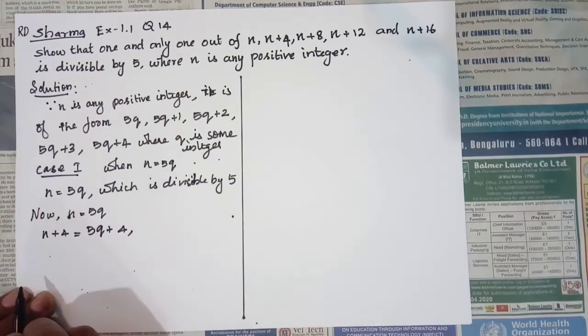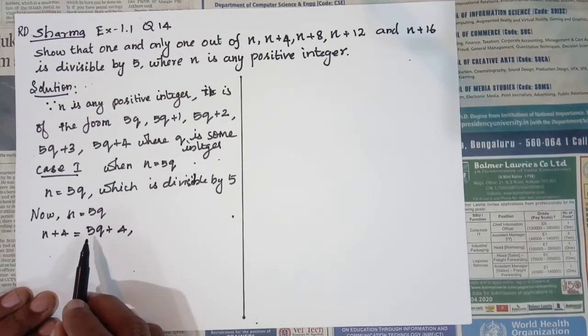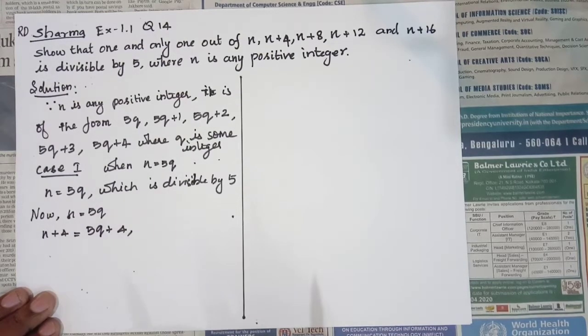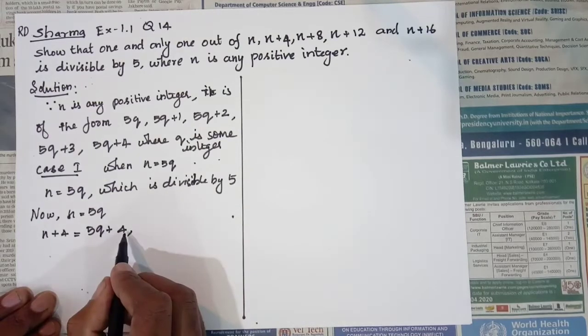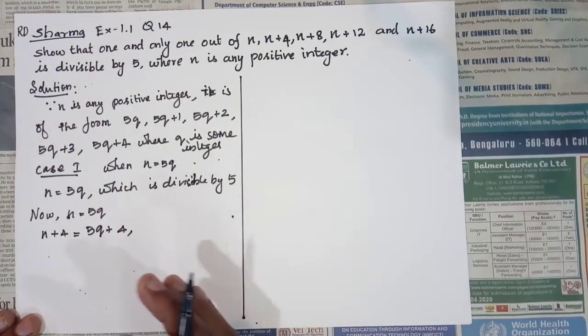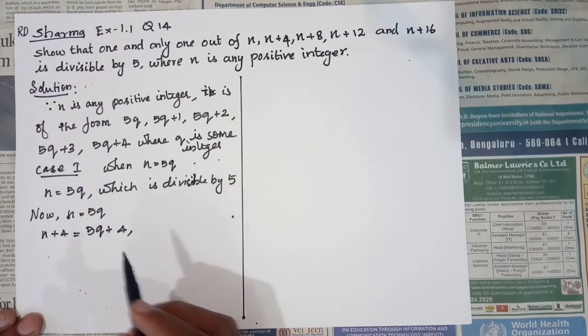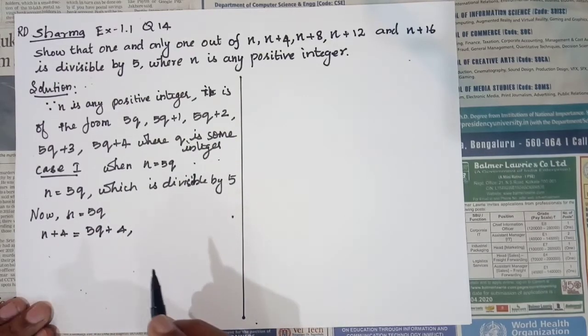Plus 4 is a remainder, right? In the format of Euclid's division lemma, 5 is a divisor, q is a quotient, and plus 4 is the remainder. If a number should be divisible by 5, it should end with 0 or 5. Here we have remainder 4, so definitely this number is not divisible by 5.